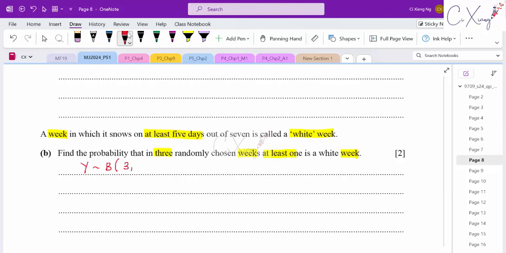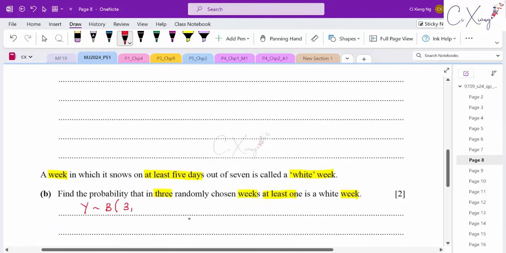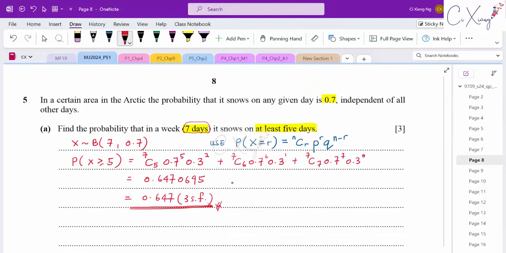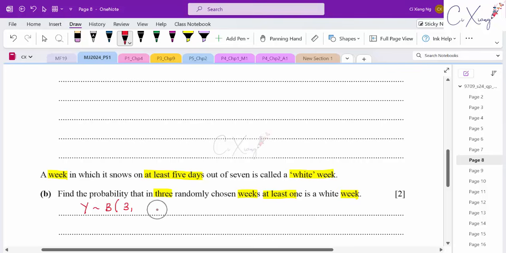The probability for snow on at least 5 days in a week, you have to go back to your part A. This is the probability that it snows at least 5 days in a week. So this P, now I want to put it inside this part.